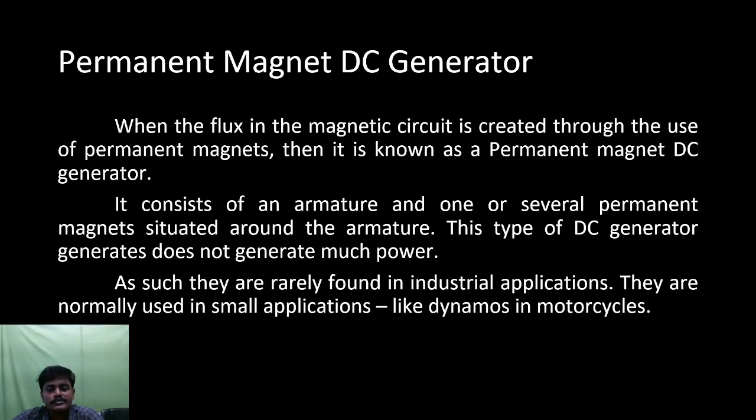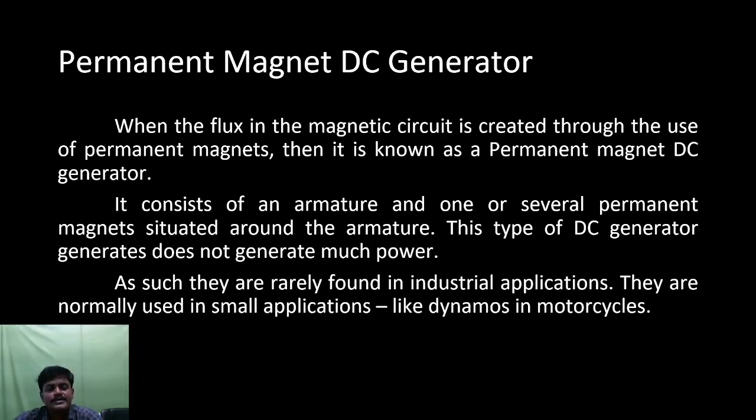This is the explanation for the above diagram. When the flux in the magnetic circuit is created through the use of a permanent magnet, we do not give any supply or use any electromagnet. Instead, we are using the permanent magnet.